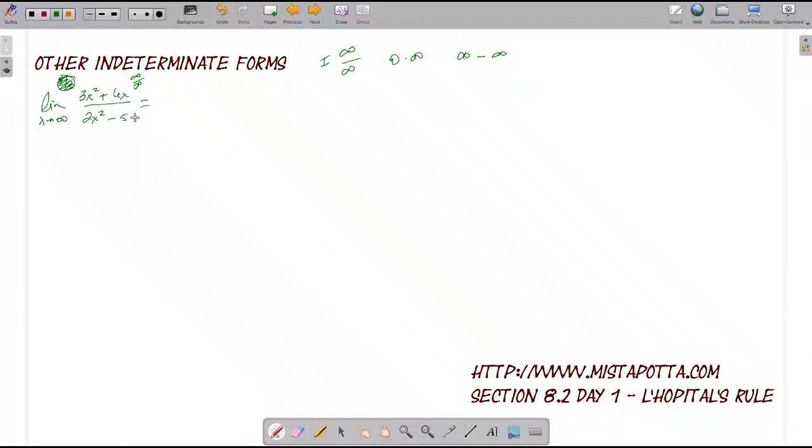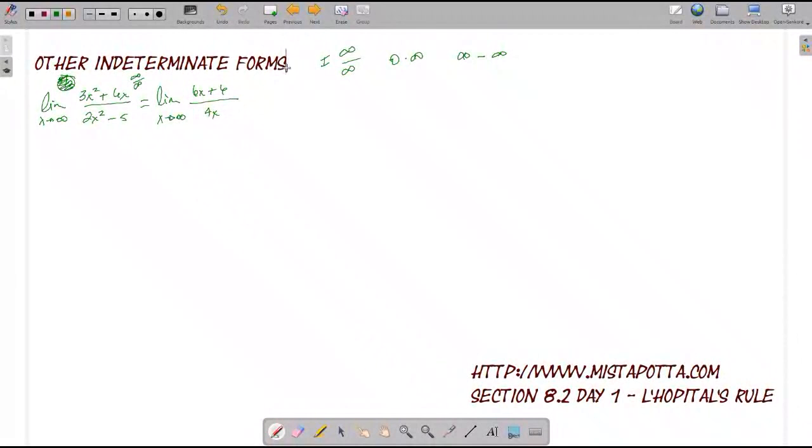And so if I apply L'Hopital's rule, remember that L'Hopital's rule says that this limit is going to be equal to the limit of the derivative of the top function, 6x plus 6, over the derivative of the bottom function, 4x.